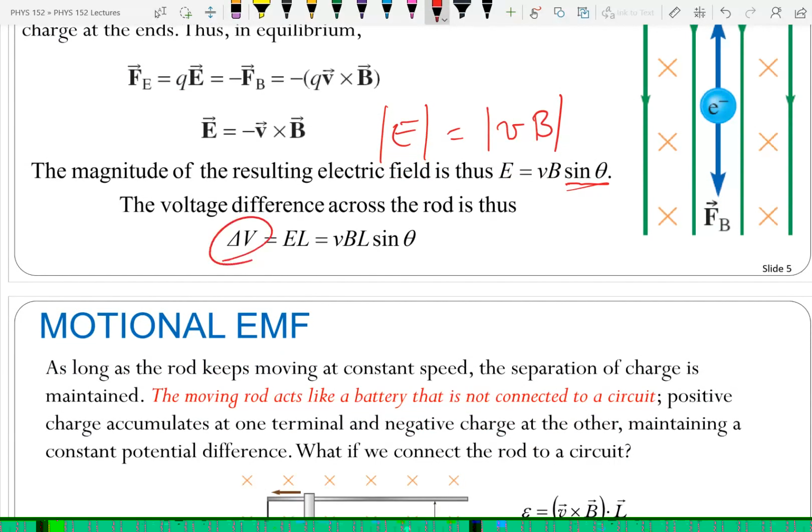So what we have now is a way of calculating the voltage difference of having the rod going through the magnetic field. For instance, a homework problem that I assigned, due in tomorrow's homework: you have an airplane flying through the air and there's a magnetic field. That's going to create a voltage difference from one side of the wing to the other.